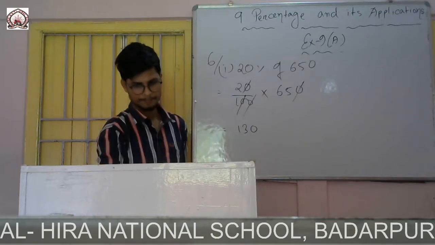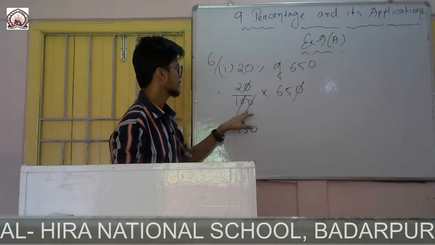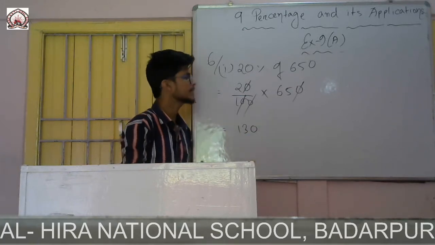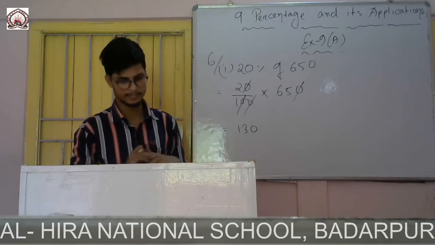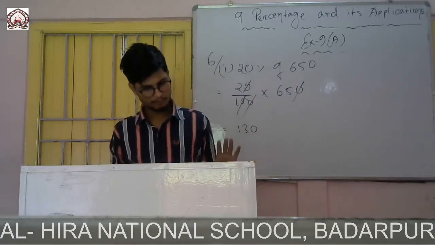The question is to find 20% of 650. So 20% means 20 by 100, of means into, and 650. Simply I cancel 10 10 from here, and another 0, and this 20 I cancel. They are left 2 and they are left 65. 2 into 65, it is 130. Okay. 2, 3, 4 are the same.